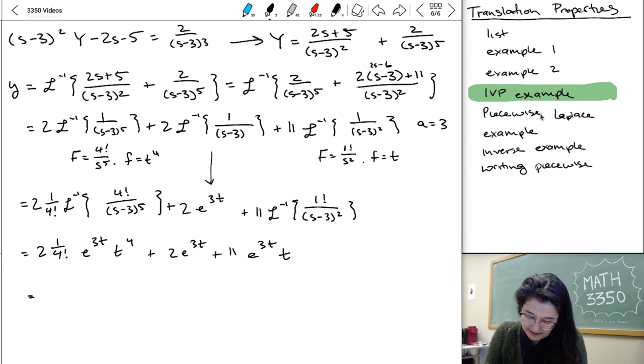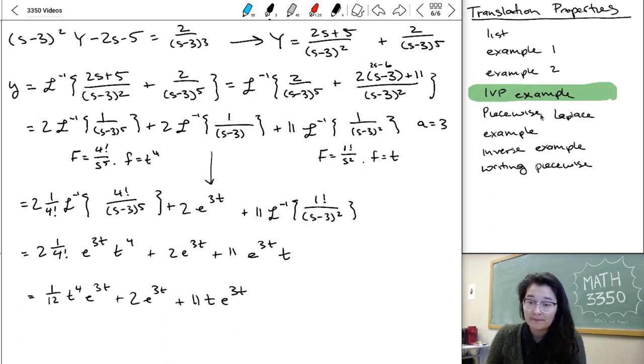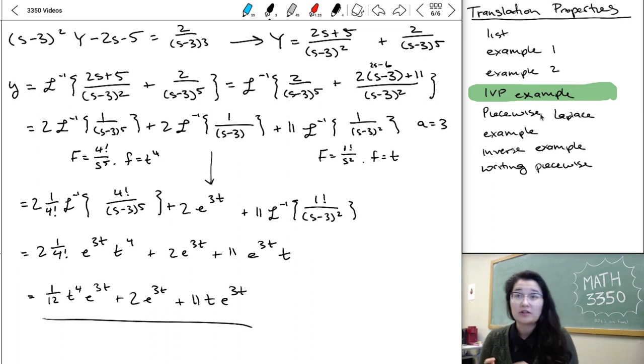Simplifying a little bit, I've got 2 over (4 times 3 times 2), so that's just 1 over (4 times 3), so 1 over 12 t to the 4th e to the 3t, plus 2 e to the 3t, plus 11t e to the 3t. And that's our solution for y.